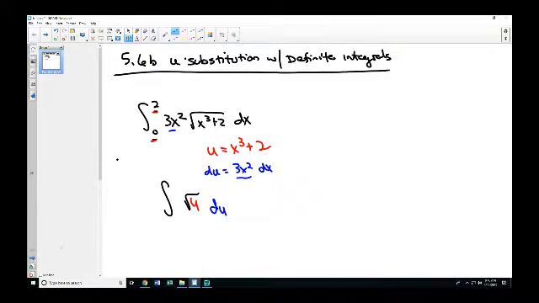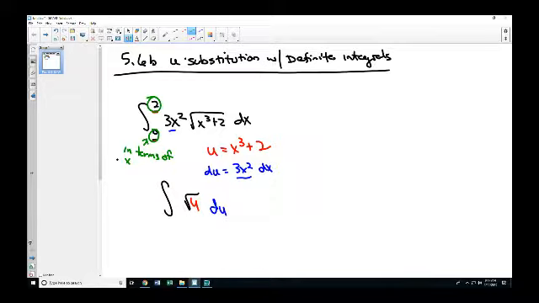Okay, here's the question. What do I do with those? Those are in terms of x. Is that in terms of x? No, it is not. So you have two options. One is to transfer them to u.